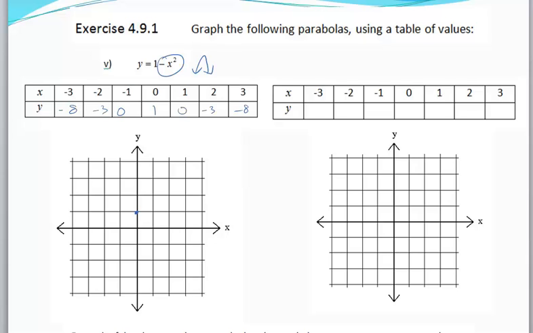X is equal to 1, y is equal to 0. X is equal to 2, y is equal to minus 3. Minus 8 is off our scale here. Here x is equal to minus 1, y is equal to 0. X is minus 2, y is 3, and minus 3, 8 again off our scale here. So there is our curve. Y is equal to 1 minus x squared here.